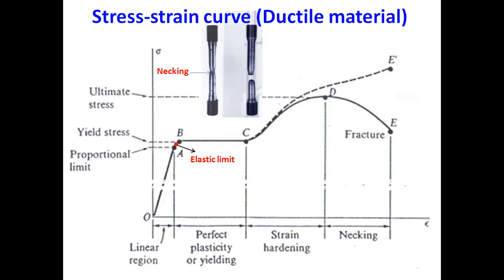So without increasing the load, the planes would slip and considerable deformation would occur and we would reach point C. The bonds would break, the planes would slide, and considerable deformation would occur even at constant load. We would reach point C.